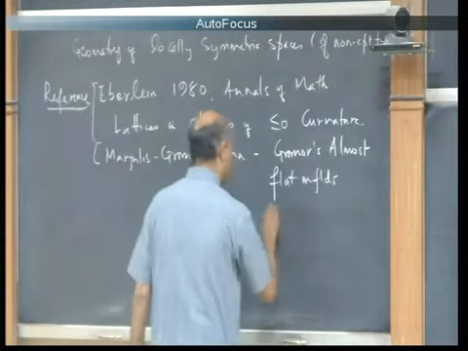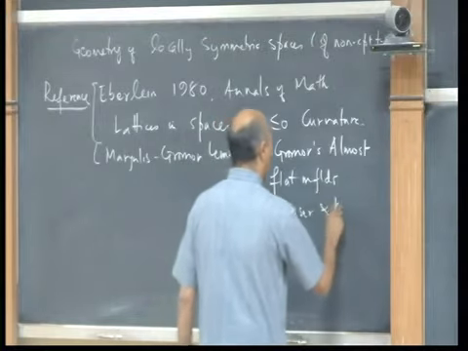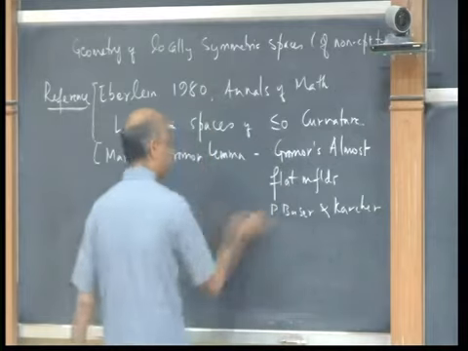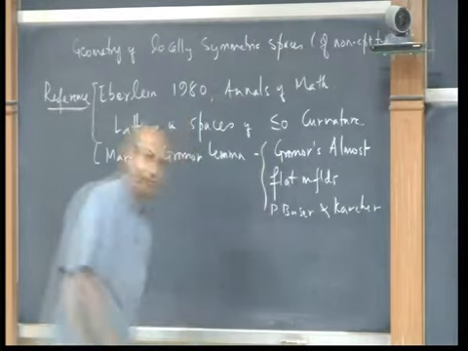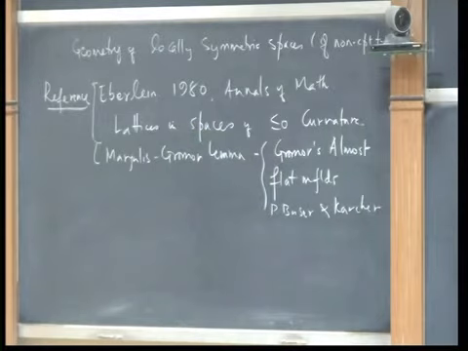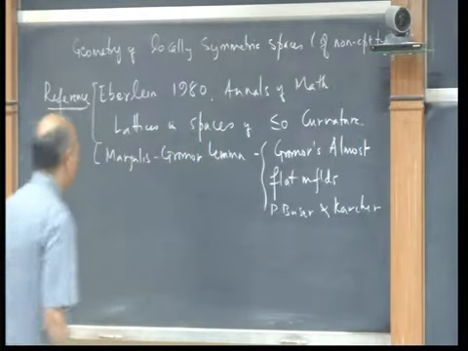And this is by... what I'm doing is a very small part from this reference. The second reference is for this lemma that's going to be used in understanding the structure.